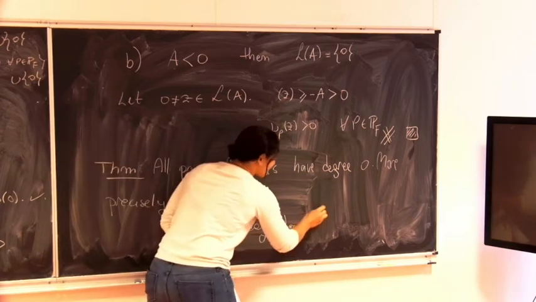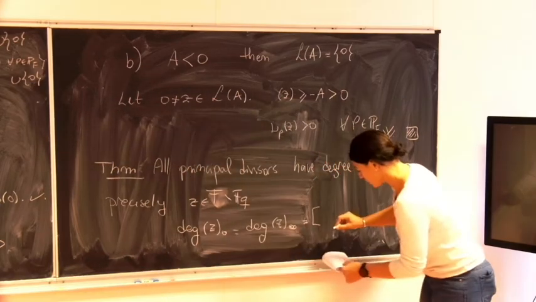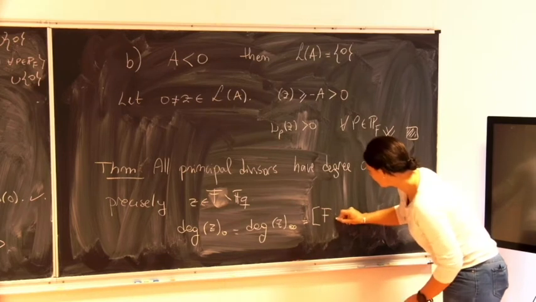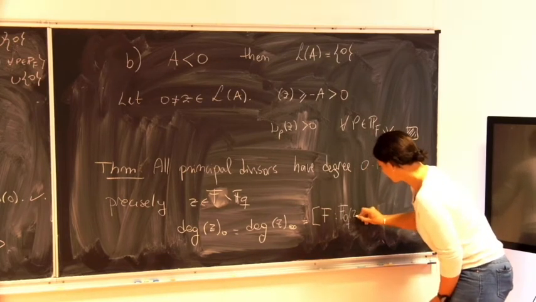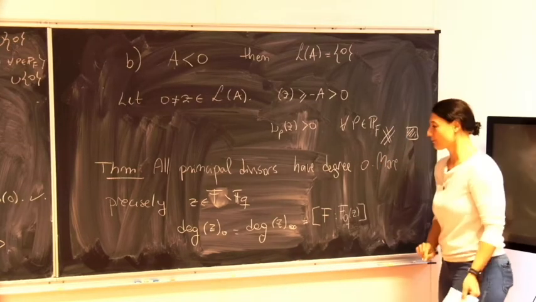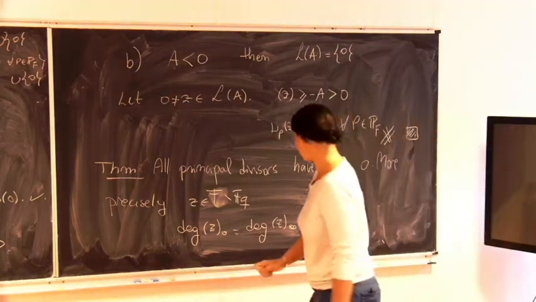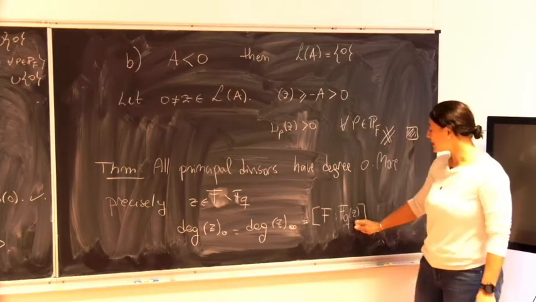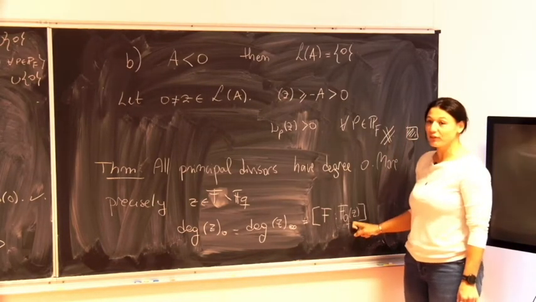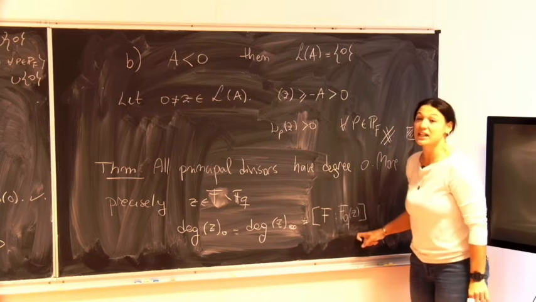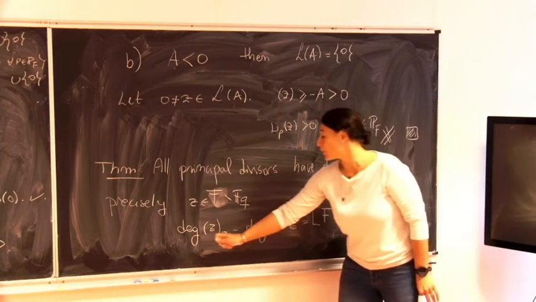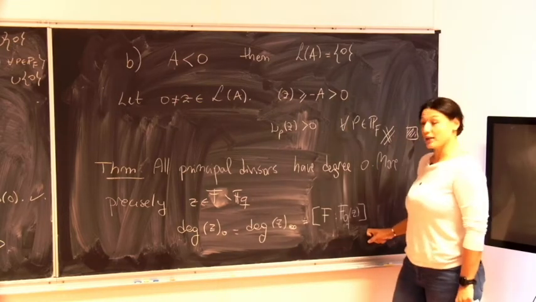And this is exactly the degree of this extension, the degree of the function field where I add the element Z. So for the transcendental element that defines the rational function field, I would have the degree of the extension here. So the poles and the zeros are going to be the degree of the extension.